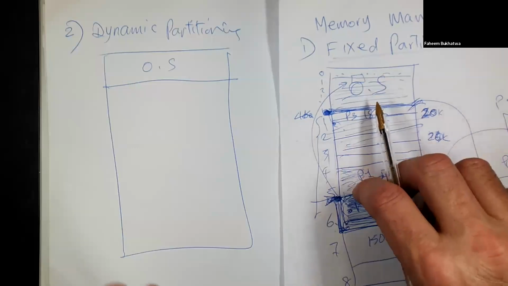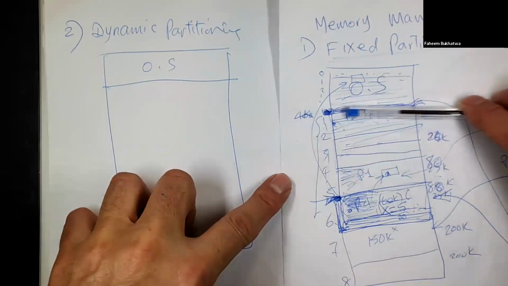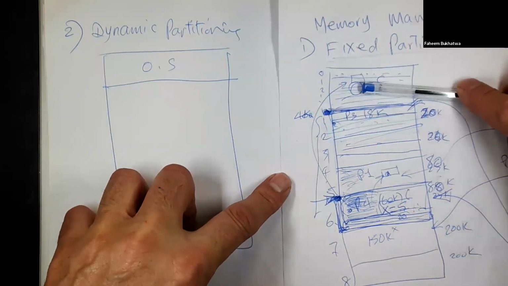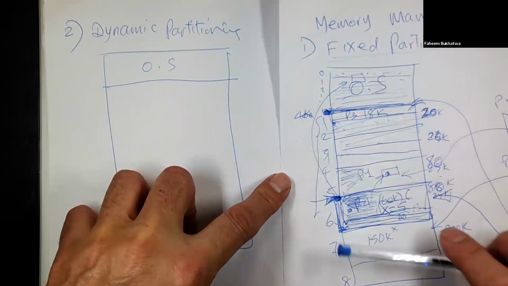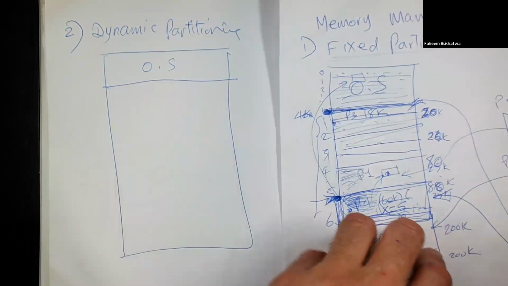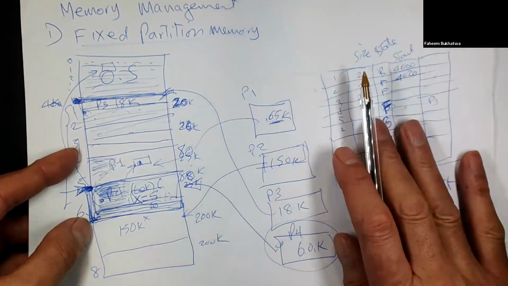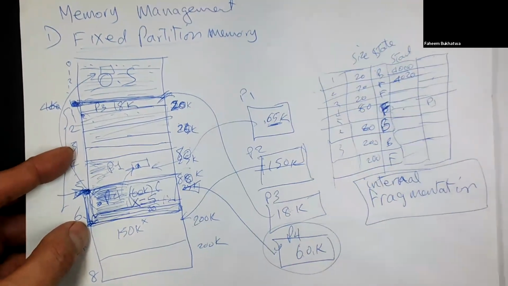So that's what it does initially. When the computer is switched on, the memory manager will mark the area that belongs to the operating system and break the rest of the memory into separate blocks and put that information in a table. So it knows each block, whether it's free, how big it is, and where it is in memory.